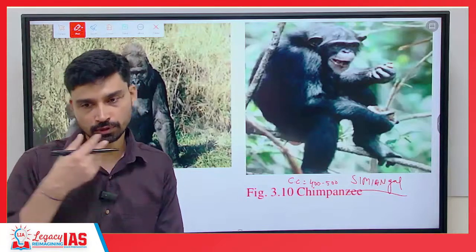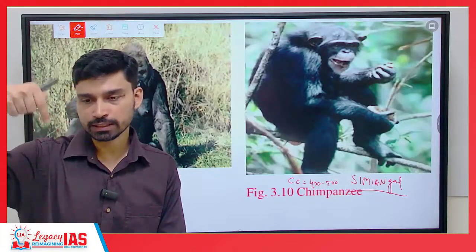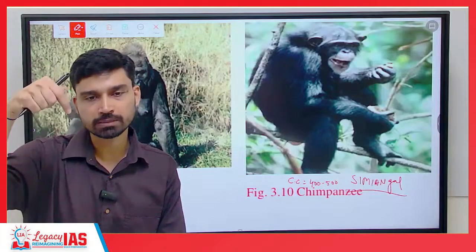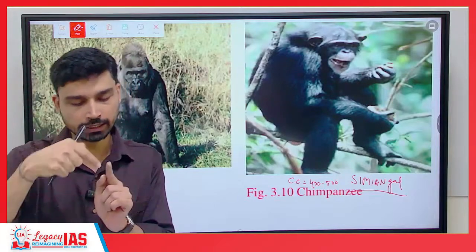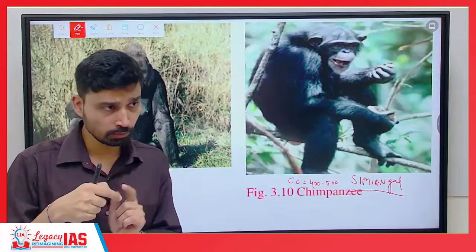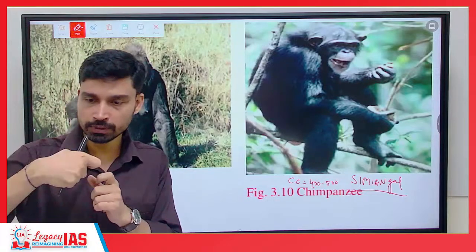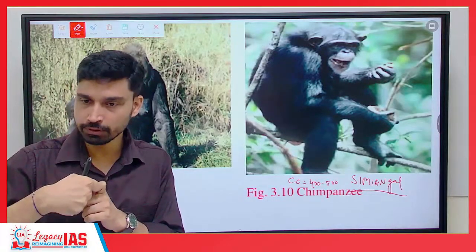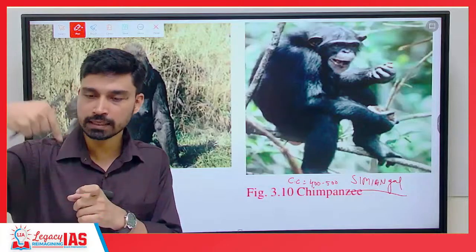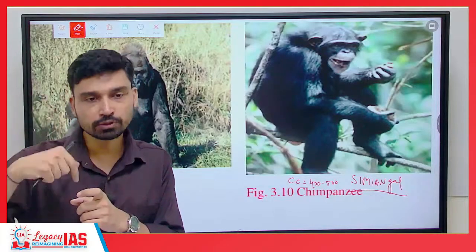Simian gap means, for example, if the canine is very sharp, it does not have a space. If you have human teeth, from the bottom also you have teeth, upper side also you have teeth, so teeth are fitted with teeth. There, what do we have? Canines are very pointed and tall. Tall means long, basically.